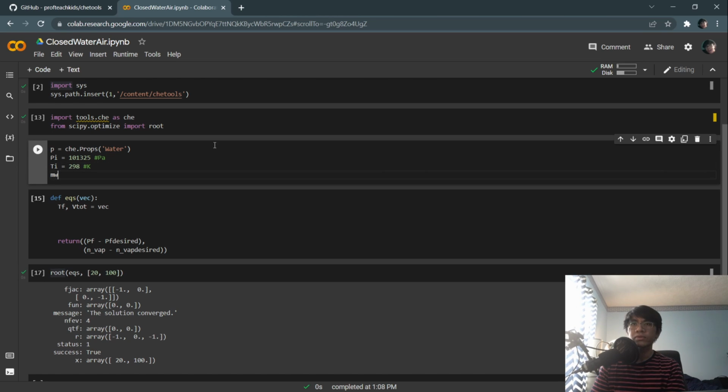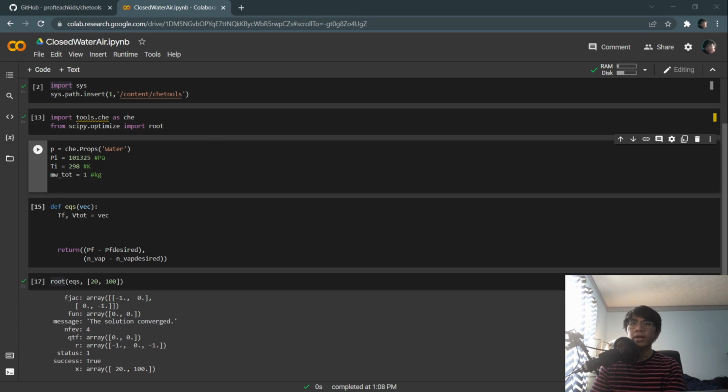Mass of the water total is equal to 1 kilogram. And the desired final pressure, since it's going to be solving for final pressure over there, it is 200,000 pascals.